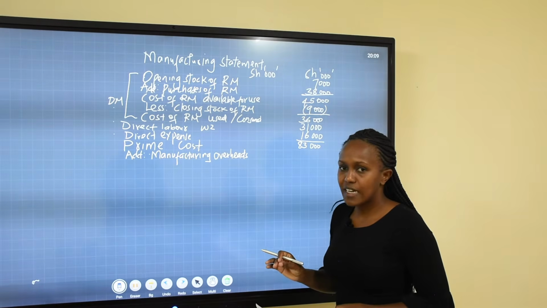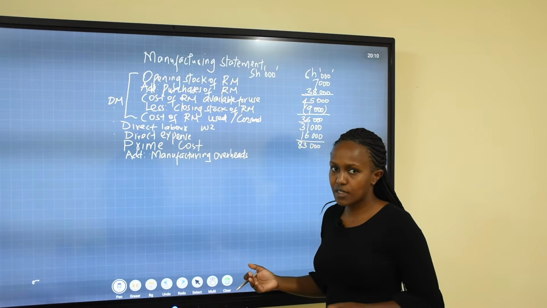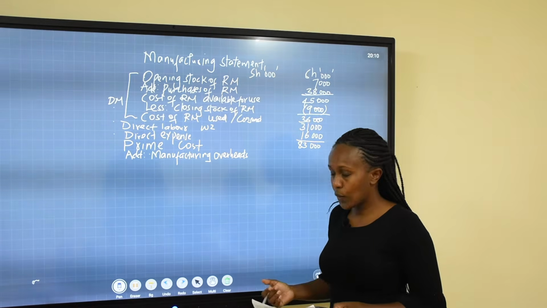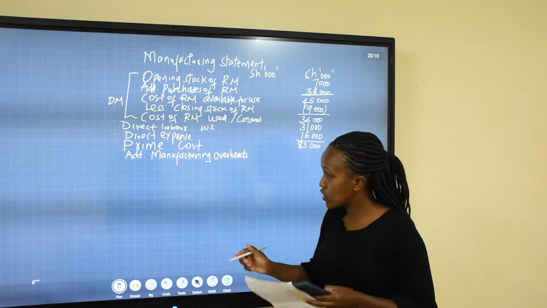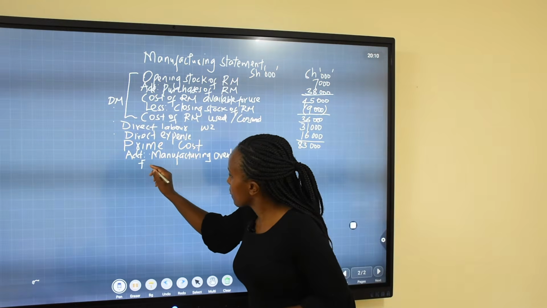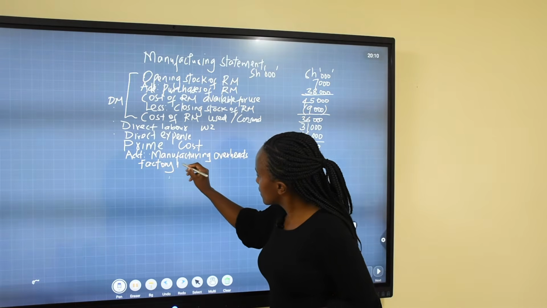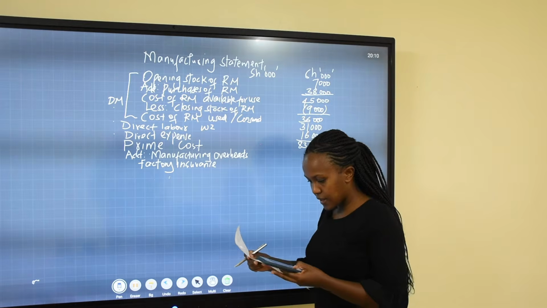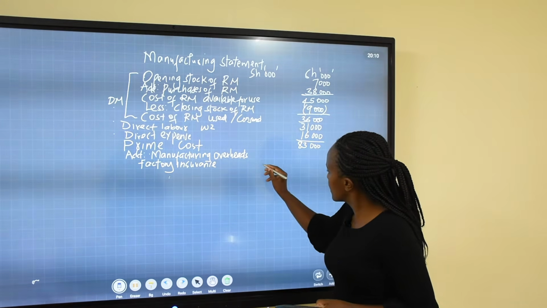These are costs that are incurred in the factory but are not directly associated with the product, or they cannot be traced in the final product in an economically feasible way. So in our question, one of them is factory insurance, which we are given as 9,000.